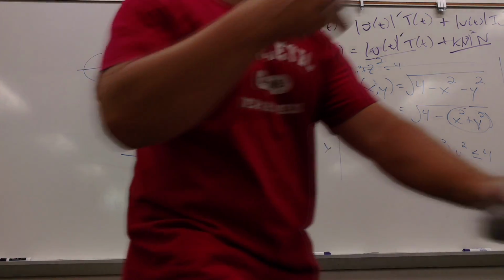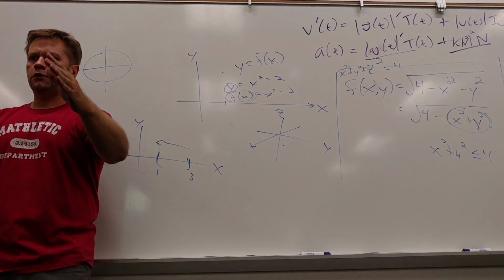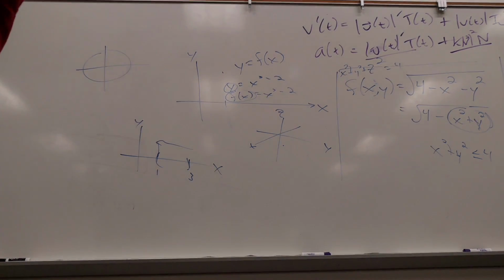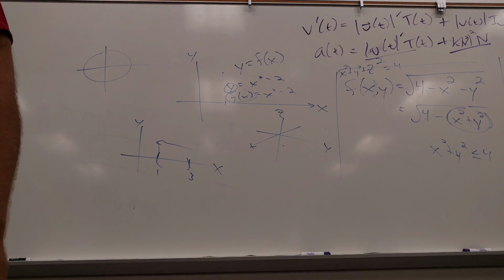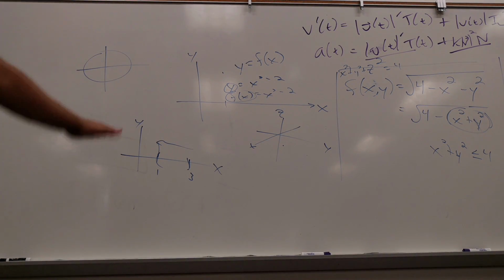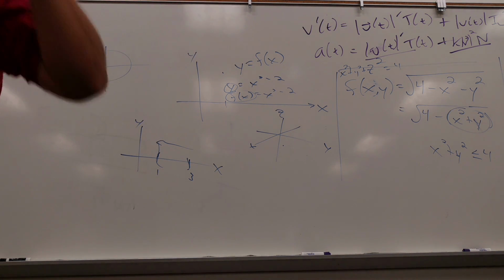What's going to come up in our future are directional derivatives, which is like I was saying earlier. If I go that direction, I'm going to go down, so the derivative that way is going to be steep negative. If I go that way, it's basically zero, and if I go that way, it's going to be a little bit positive, because there's a little bit going up. So that's directional derivatives.